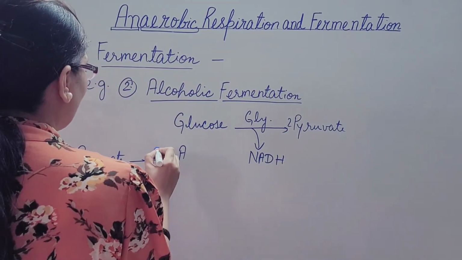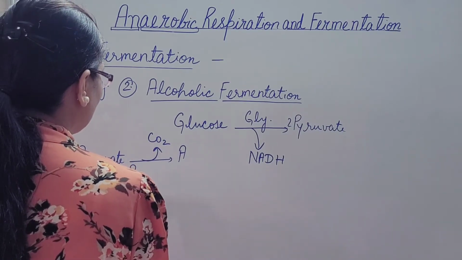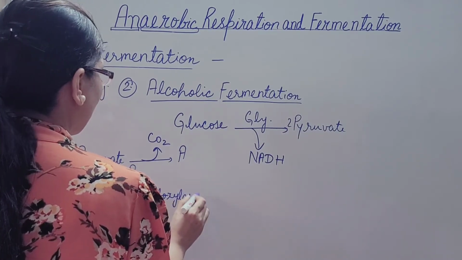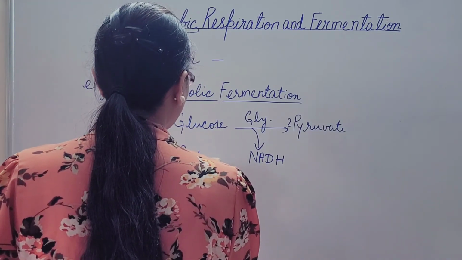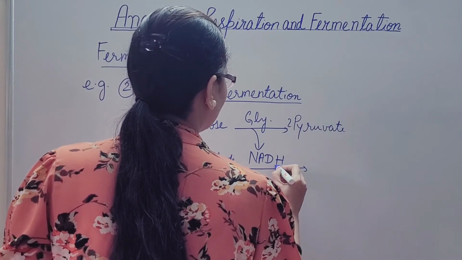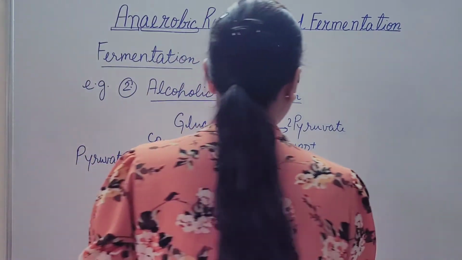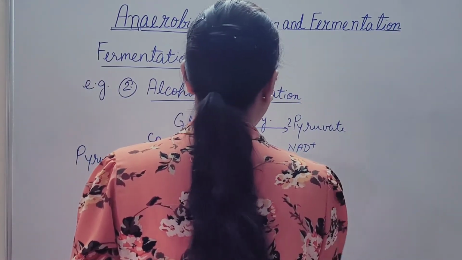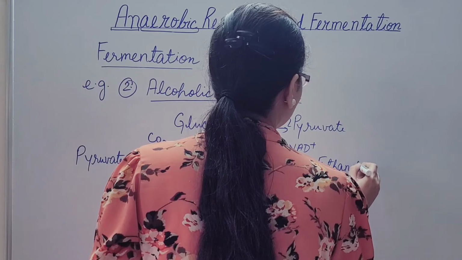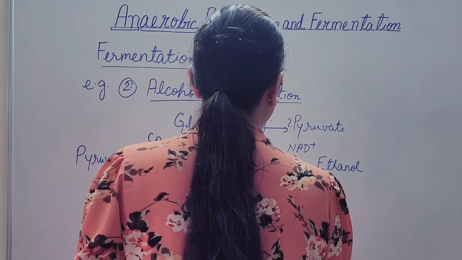Then this pyruvate undergoes decarboxylation by pyruvate decarboxylase and is converted into acetaldehyde. NAD plus is regained and acetaldehyde is converted into ethanol by alcohol dehydrogenase.